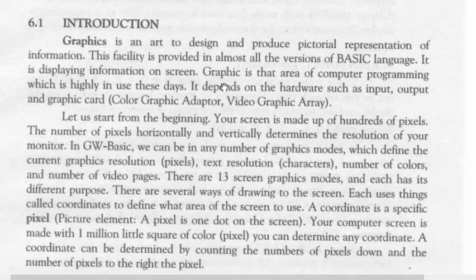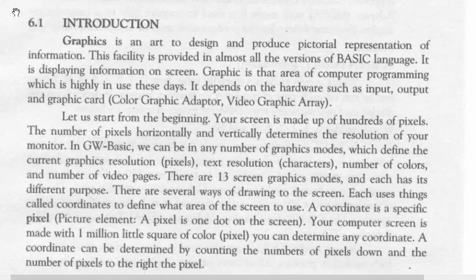Remember one thing, there are coordinates x, y and z. From left to right and right to left it is y coordinate, and from up to down and down to up it is x coordinate, that you have to remember.